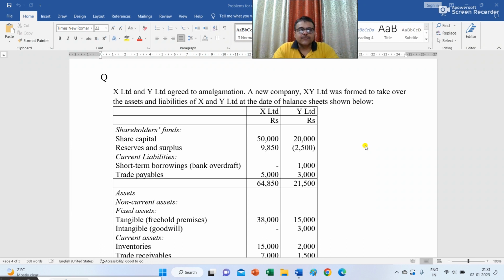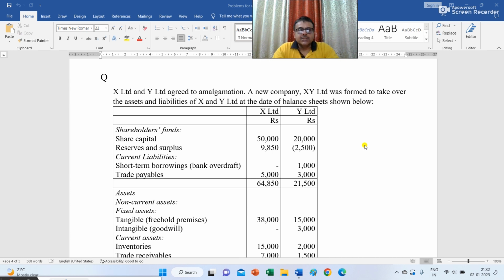So under shareholders' funds, we have share capital of 50,000 and 20,000 for the two companies, X Limited and Y Limited. Then we have reserves and surplus of 9,850 and minus 2,500, which means we have a loss in the books of Y Limited.